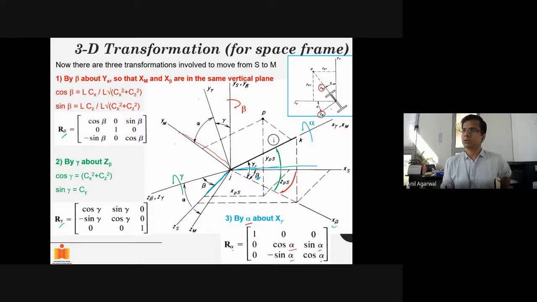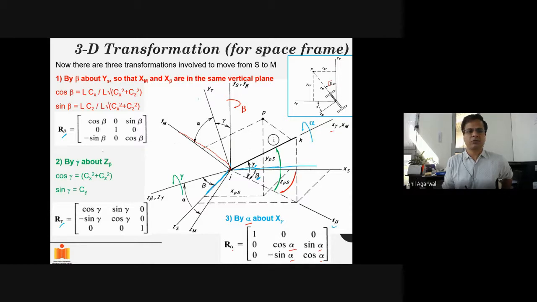These are the major and minor axes of the cross section. But the global coordinate system may not be aligned with that one. That angle will be alpha, and that is what this rotation is. Once you rotate by alpha, all three axes will align. Until you rotate by alpha, only x will be aligned, that is, the longitudinal axis will be aligned with the global x-axis. But after this alpha transformation, all three axes will be aligned.